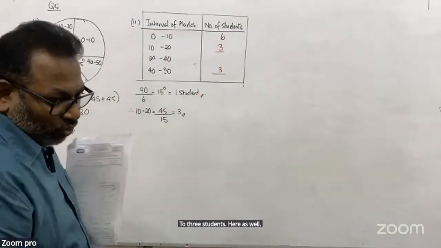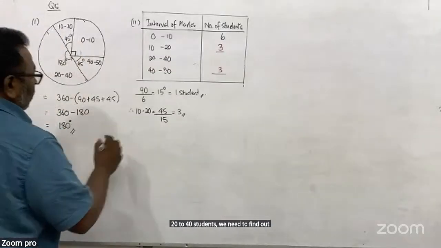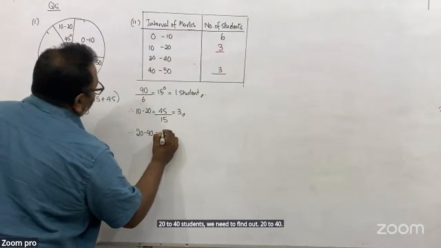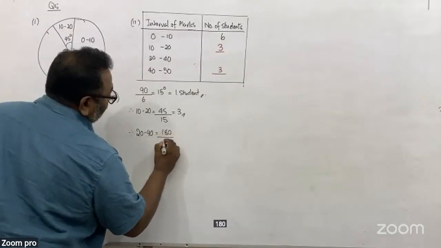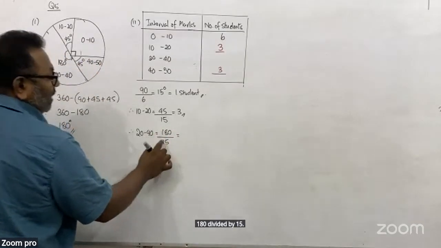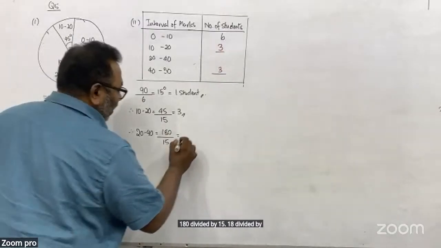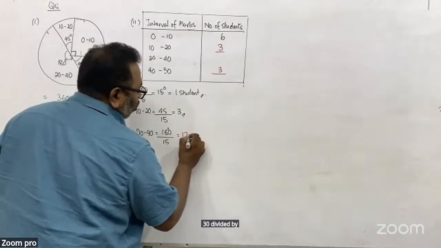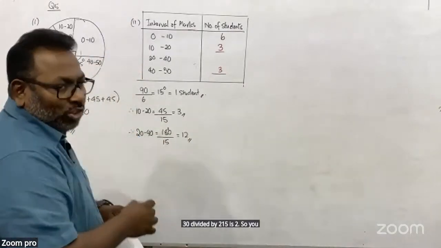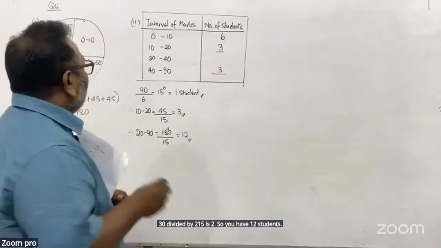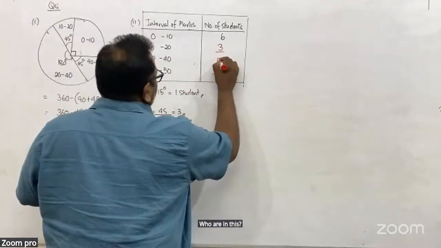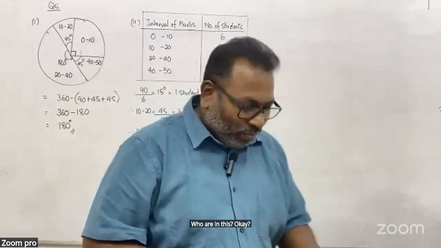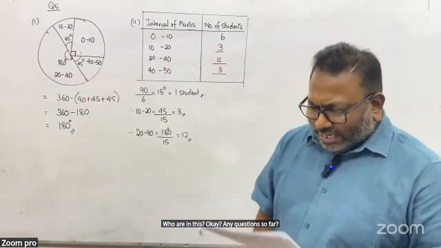For 20 to 40, 180 divided by 15: 18 divided by 15 is 1, 30 divided by 15 is 2. So you have 12 students in this. Any questions so far? Quite easy.